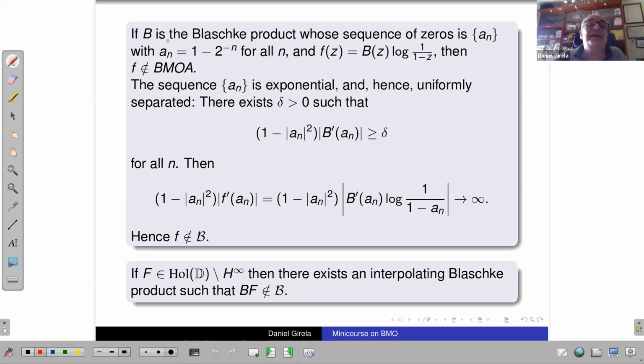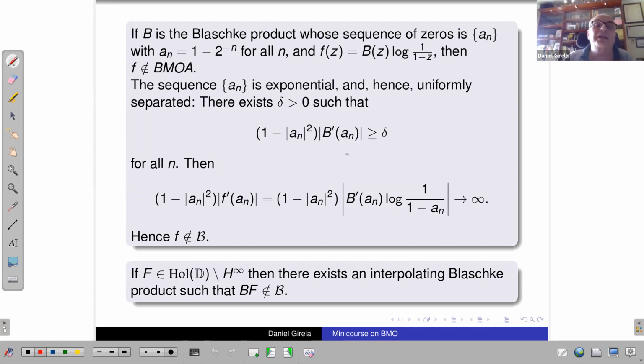Actually, this idea, I guess, goes back to Lappan in the 1960s. The idea here can be generalized, and actually one can prove easily the following: if we have any function f analytic in the disk which is not bounded, then we can find an interpolating Blaschke product. Interpolating Blaschke product means, and I'm not going to get into details, this has to do with the problem of Carleson interpolation.